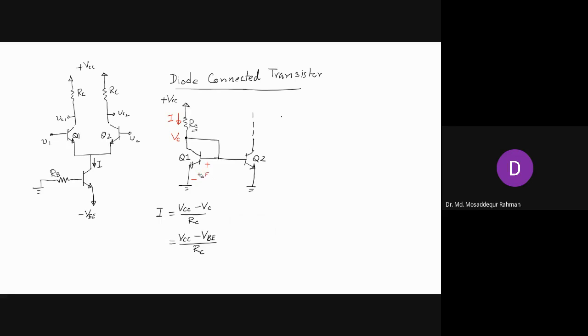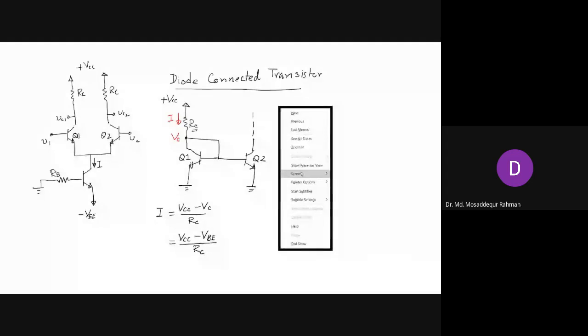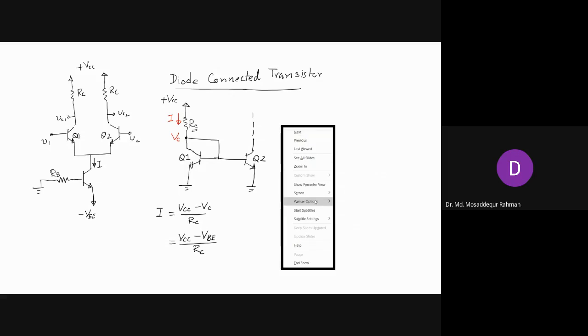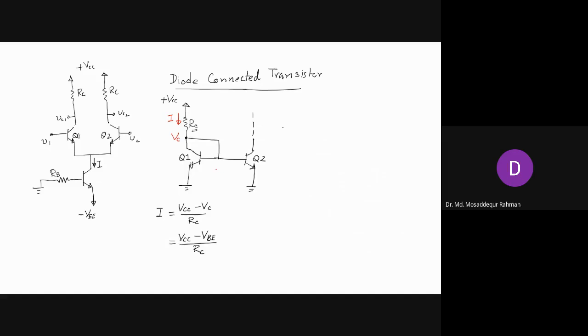Now you see that these two transistors Q1 and Q2, their bases are tied together. So in this case, since their bases are tied together, they will have the same base to emitter voltage.